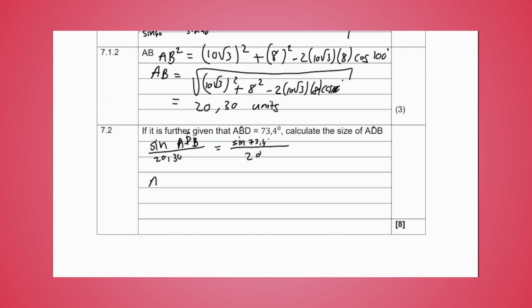To find ADB, it's obviously arcsine of this thingy. We want this to the other side, so we multiply. So it's basically 20,30 times the sin 73,4 over 20. You put everything in your calculator in one go, so you get 76,58.